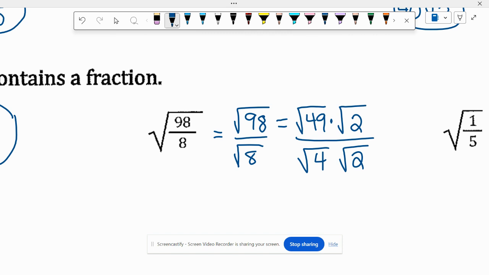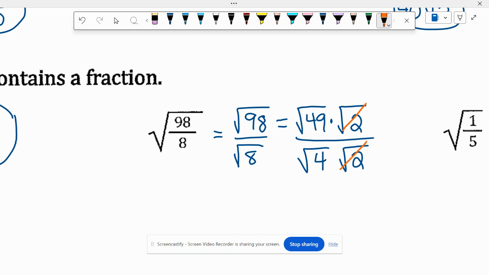And I want one of them to be a perfect square so I can simplify the radical. Okay? So do you notice what is the same exact term in the numerator as the denominator? It's the square root of 2. Okay. So do you see that if you have the same exact term in the numerator and in the denominator, you can just cancel it out?